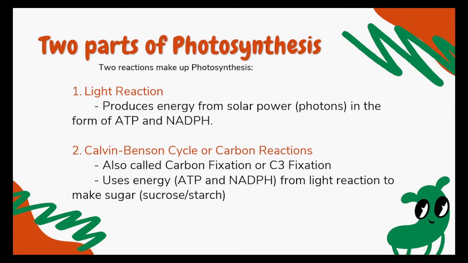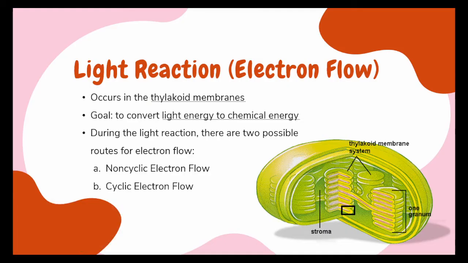Okay, so let's begin with the first reaction. Let us see what happens in light reaction. So light reaction, mainly there are movements of electrons here. And this occurs in the thylakoid membrane. You remember last time I told you about these green pancake-like structures inside our chloroplast? See?